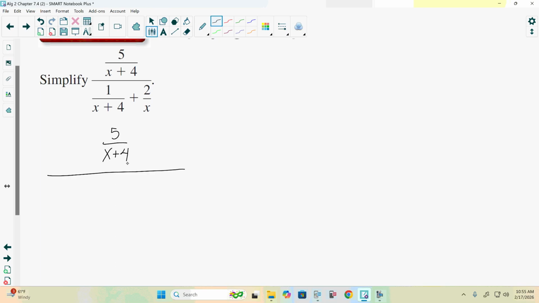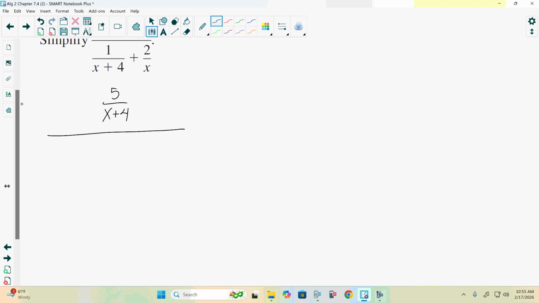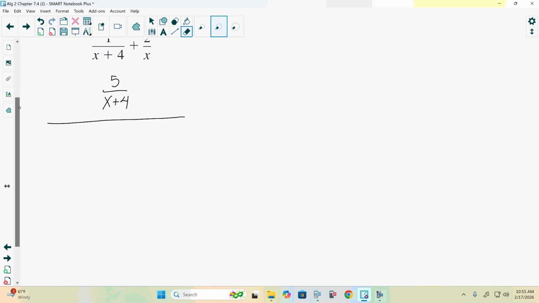As we look at the denominator, the bottom of this fraction, we have 1 over x plus 4 plus 2 over x. We actually have 2 fractions on the bottom. And we want to rewrite that as a single fraction, because if we can write it as a single fraction, we can actually divide these here. All I'm doing is just rewriting it so it looks a little bit nicer.